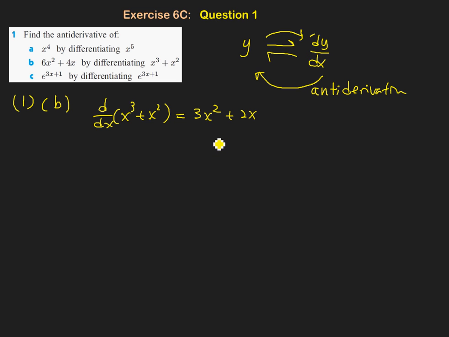However, you're being asked to find the antiderivative of 6x squared, and here we only have 3x squared. To get 6, we times 2 across the whole equation, and we end up with this.